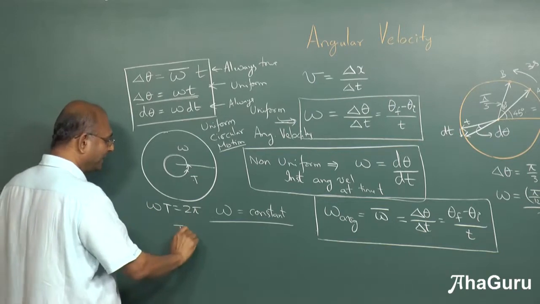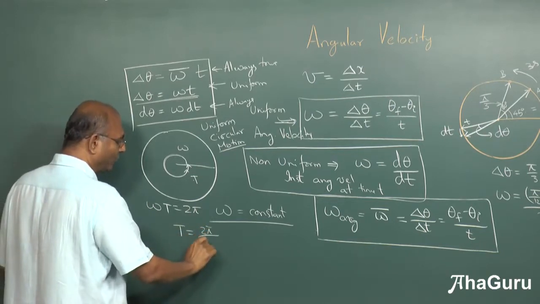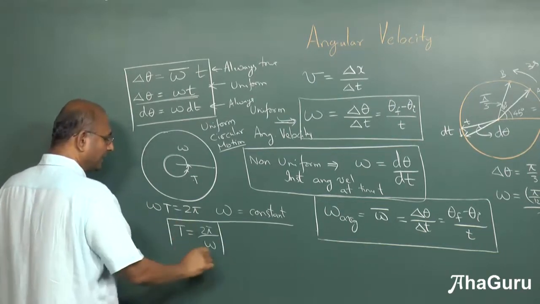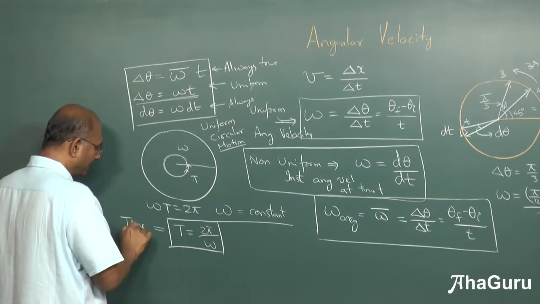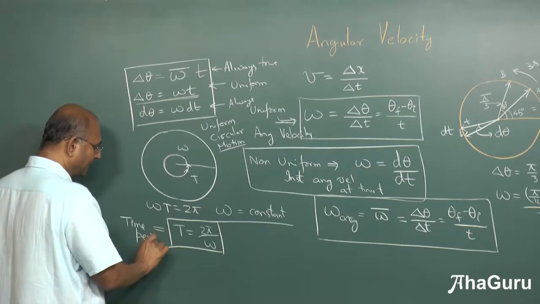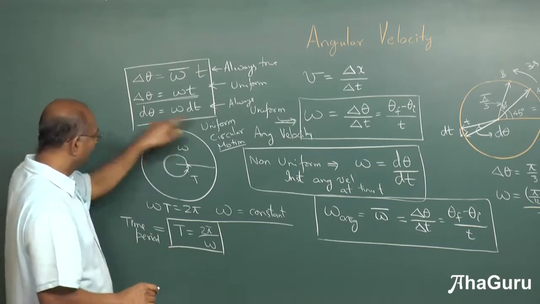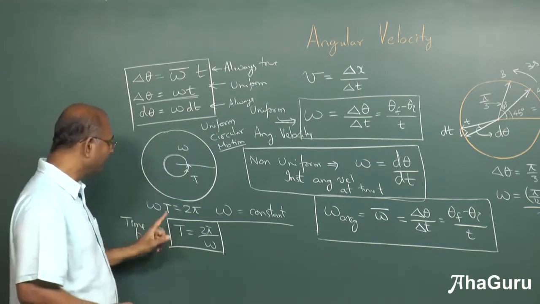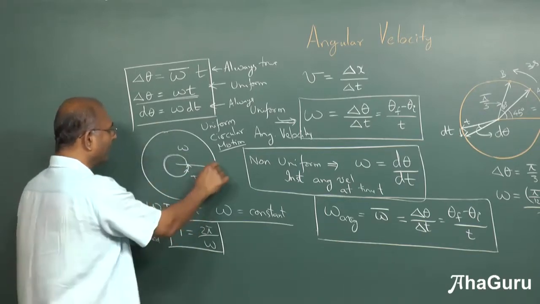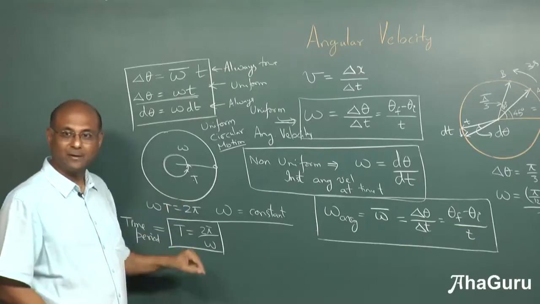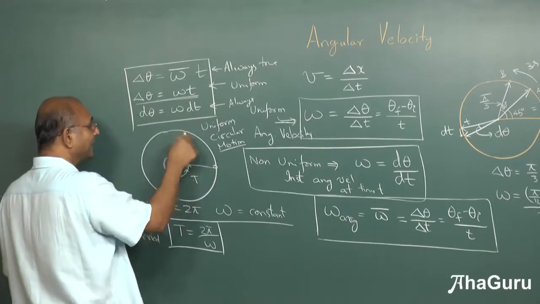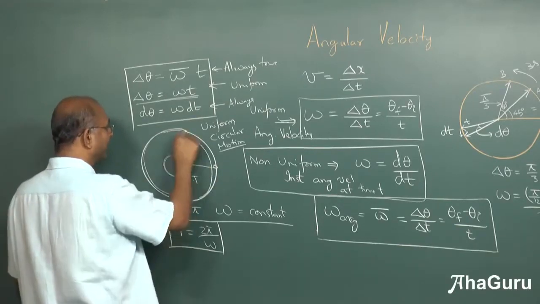So we can write t equals 2 pi by omega. This t is called the time period. If it is going in a circle with uniform circular motion, then we can say that the time period of going around, if it starts here, it comes back to this place, the time period is 2 pi by omega. It doesn't have to start here.